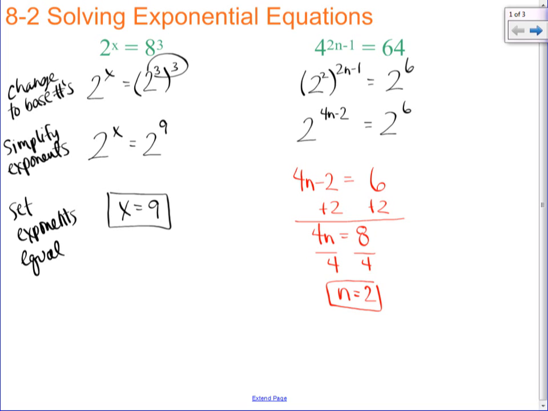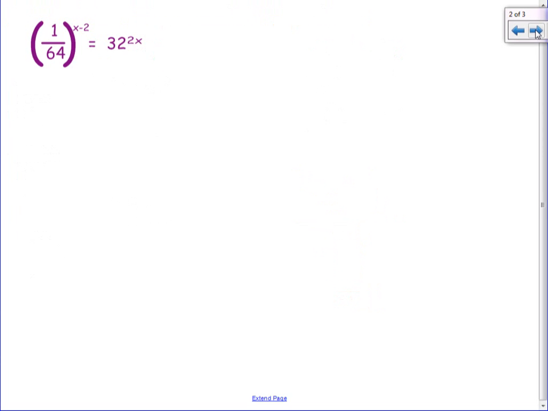Questions there? Okay. Let's try one that's a little bit more difficult. Same first step, we have to change everything to its base number. So this 64 we just talked about on the last page is 2 to the 6th power. It's on the bottom. Okay, so that means how else could we write it?